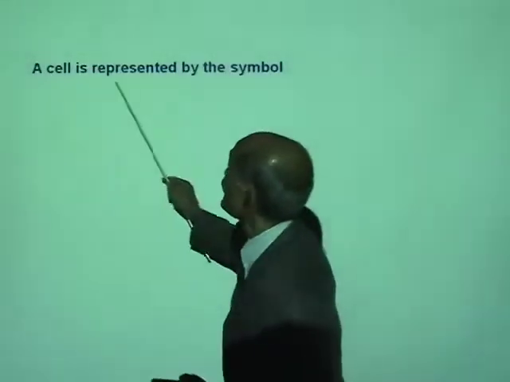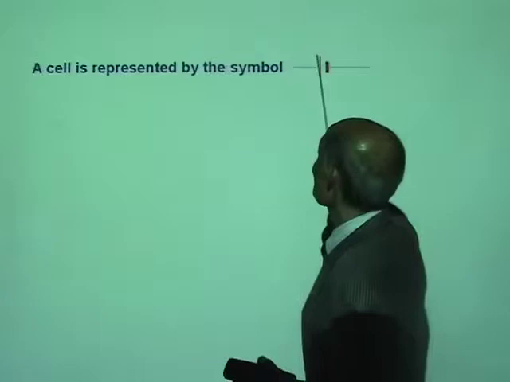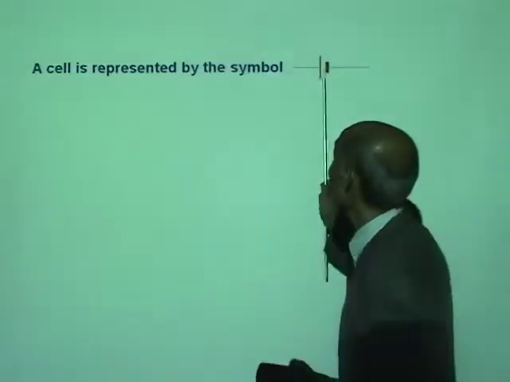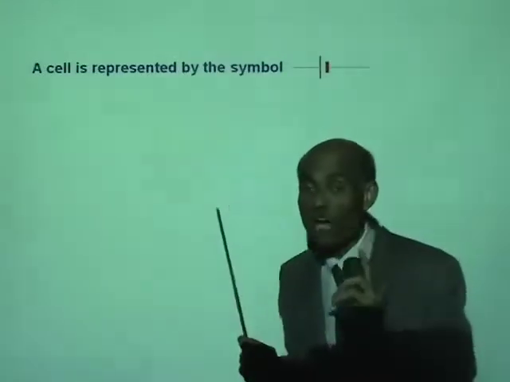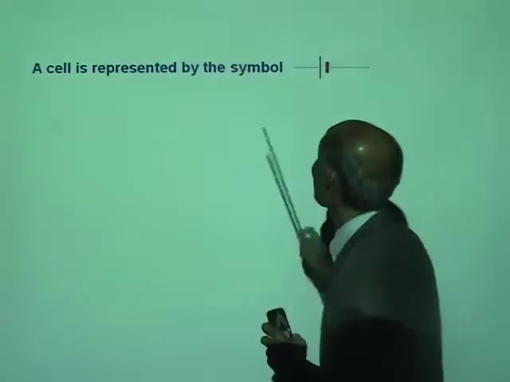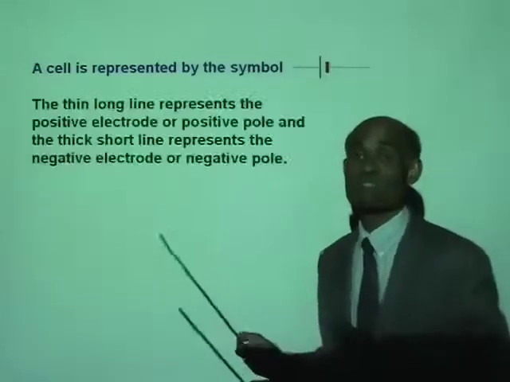Now, we represent a cell by this symbol. Watch the symbol. You got a long, thin vertical line represents the positive electrode of the cell, and a short, thin line represents the negative electrode.